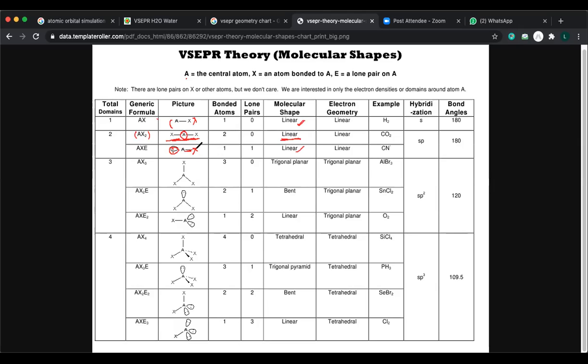Now, we're increasing the complexity. AX3. So there are no lone pairs at all. A is bonded to 3 X atoms. Now, imagine you had an inflatable beach ball, and you had to stick chopsticks in it.